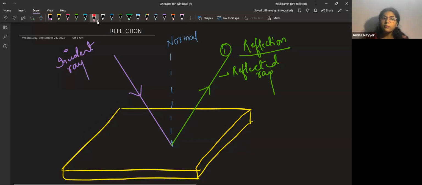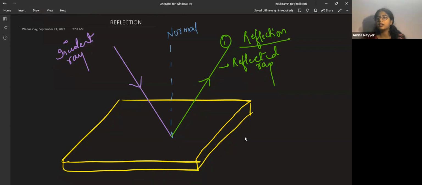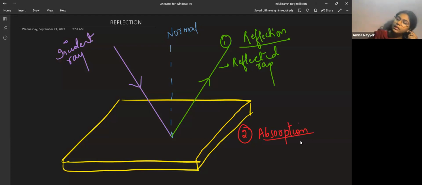Why are we not able to see it? Because the material is of such a kind that it has absorbed that particular ray. Very good, Fia. So this is absorption. And regarding absorption, in class 11th this was a part of your syllabus in thermal physics regarding black bodies and black body radiation.